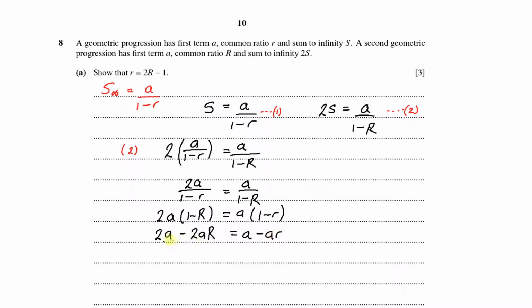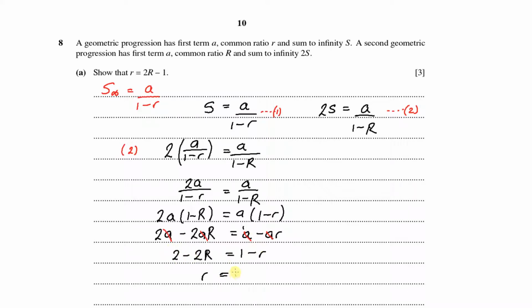Now you can see that the a is common for all the terms, so we can divide both sides by a. So we're left with 2 minus 2R is equal to 1 minus r. Now we want to make r the subject, so I am going to take minus r to the left side, so it's now r, and I'll take minus 2R and 2 to the right side.